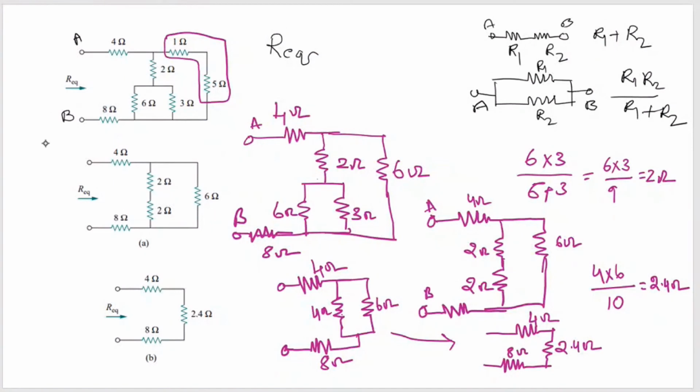So this is your A and B. Now 4, 2.4 and 8 are in series. So R equivalent is equal to 4 plus 2.4 plus 8. So how much will it be? 14.4 ohms. So this is your answer.